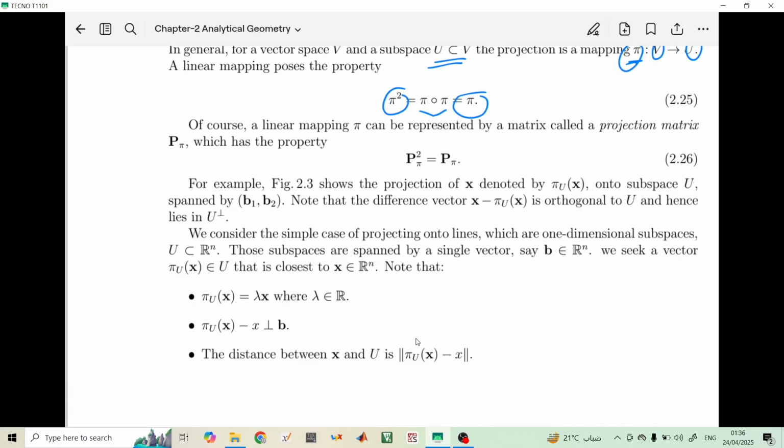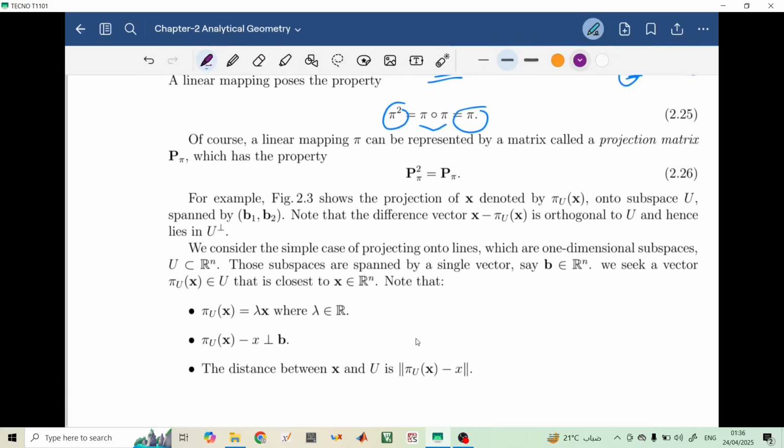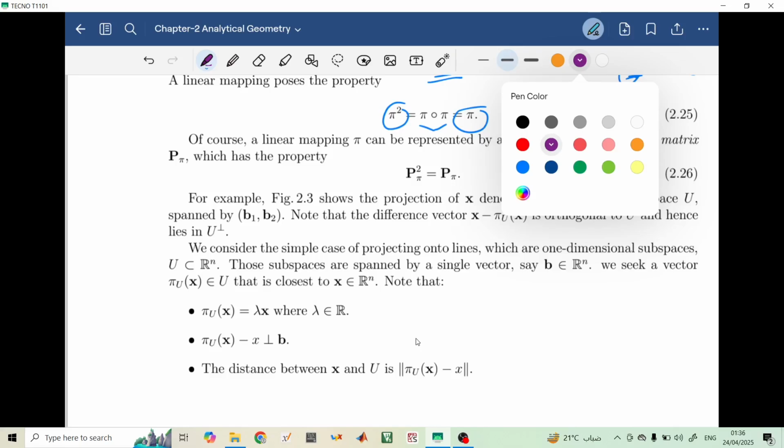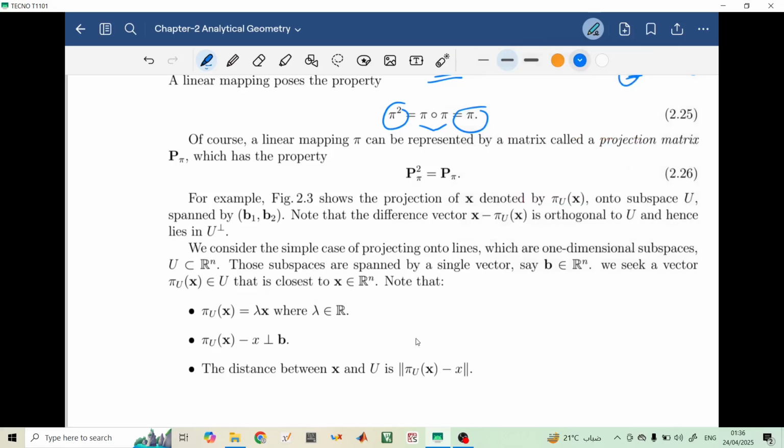Let's go back to the original color. So let's say we want pi cubed. This means that I'm doing pi 3 times. This equals pi, because I'm already projecting a vector that lives in U.